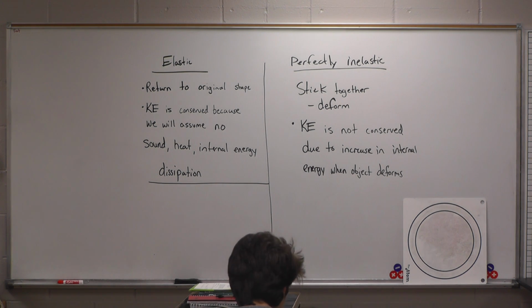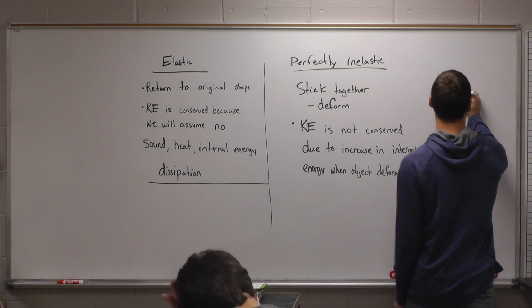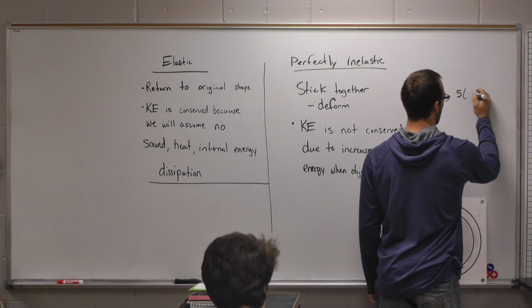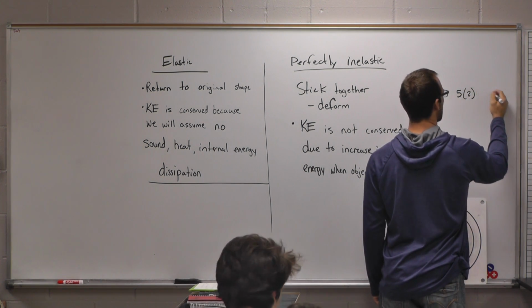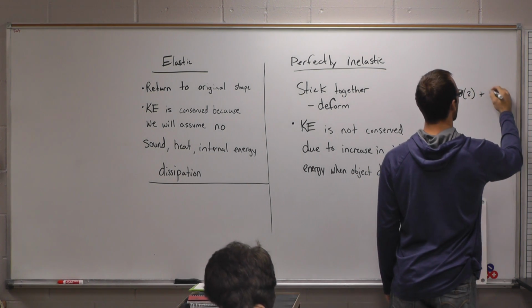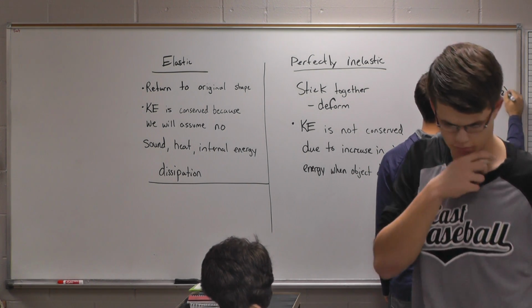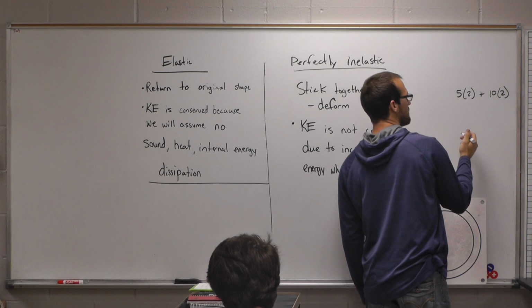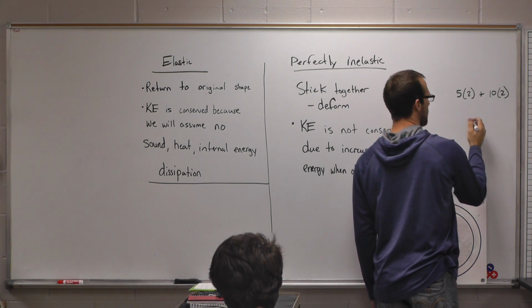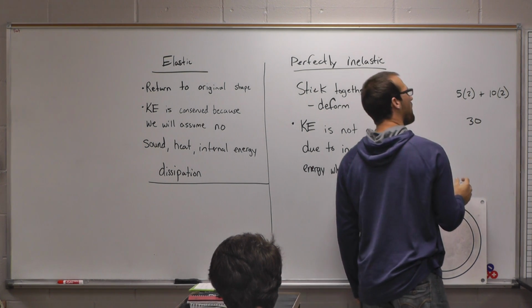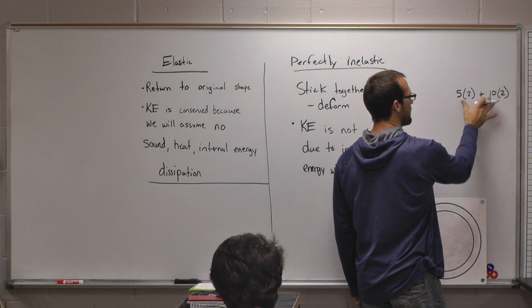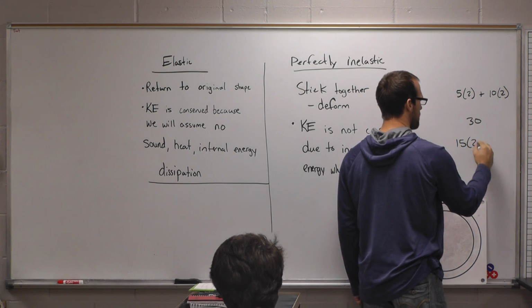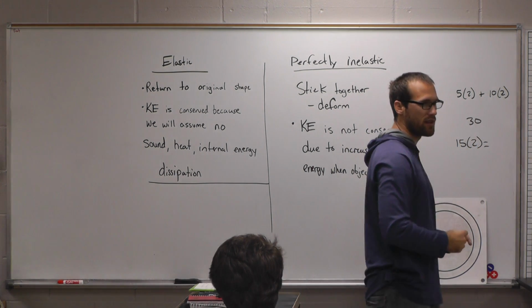Does that make sense? Yeah. So if I have, I don't know, 5 times 2 plus 10 times 2, that would give me what? 30. Versus adding these two together, 15 times 2 is still 30.